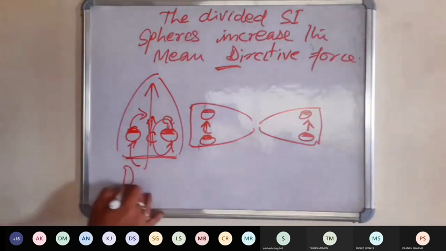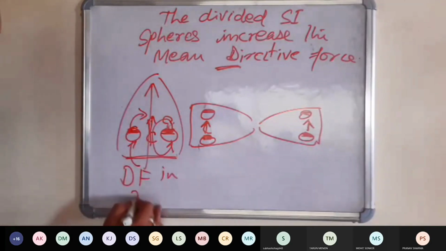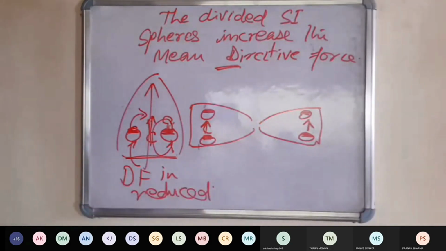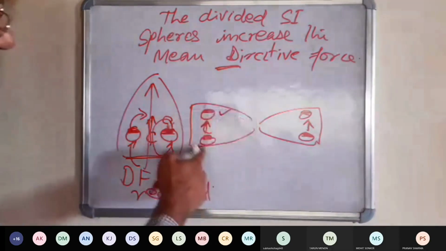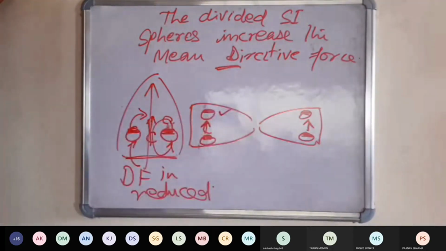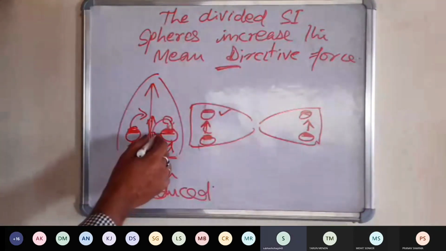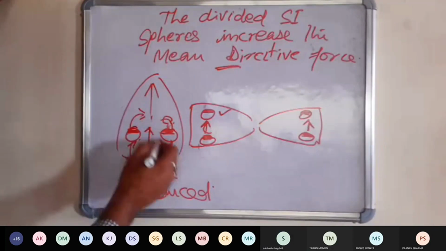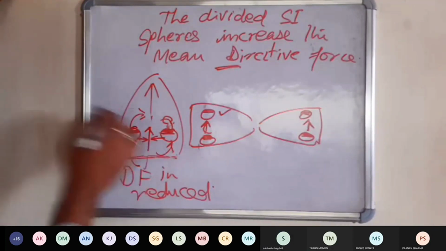That in this case DF is reduced. Is it okay? Yes, sir. All right. Now in this case also it is kind of reducing. Yes, sir. But if we see, in this case the compass is to the broad side of the two magnets.